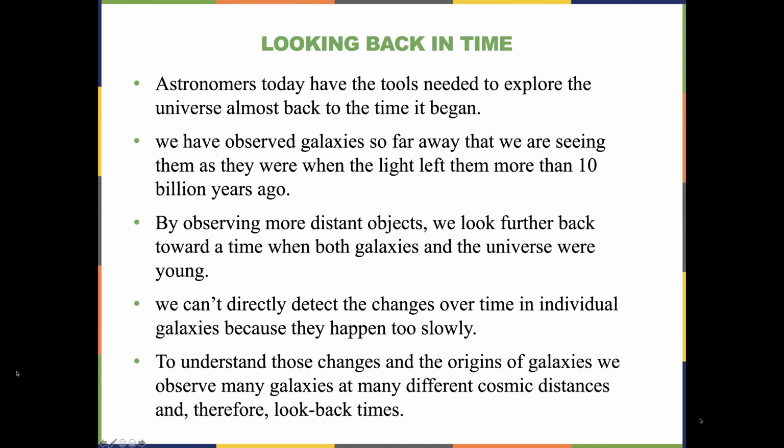You are just looking at galaxies at different distances, which means you are looking at galaxies at different times, right? So that's how you get the idea about the evolutionary process of these galaxies.